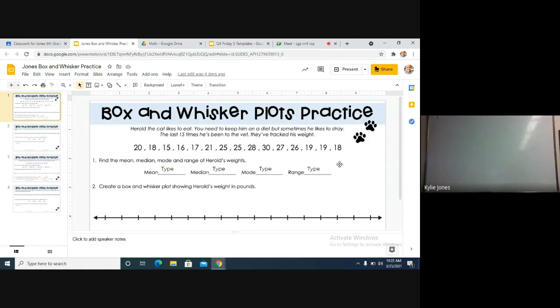There should be 15 numbers total, in case you need to count and make sure you've got them all. 15 numbers. Okay, about 30 more seconds, and then we will get them in order and start working on all these.